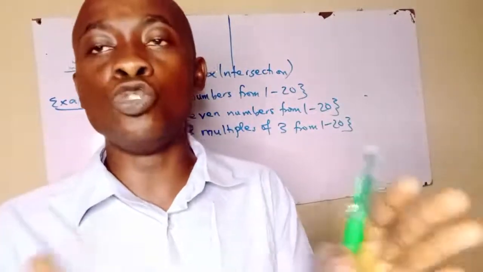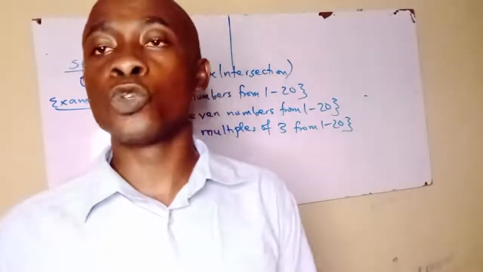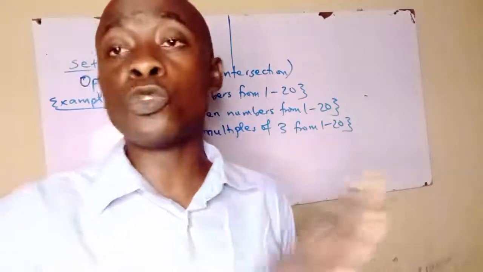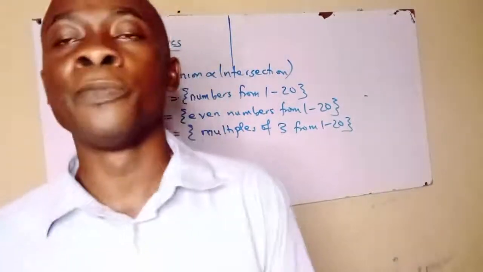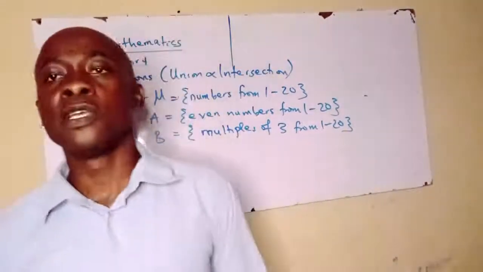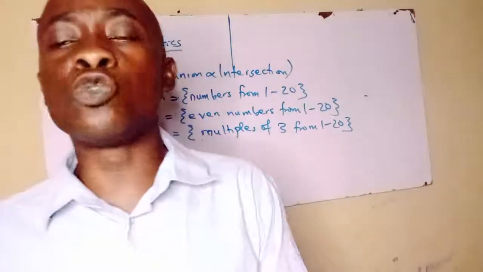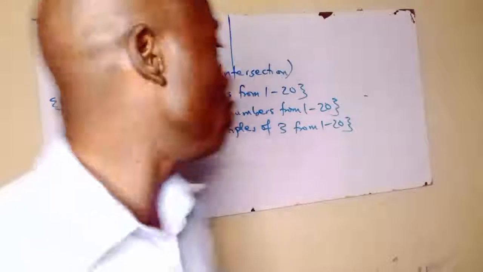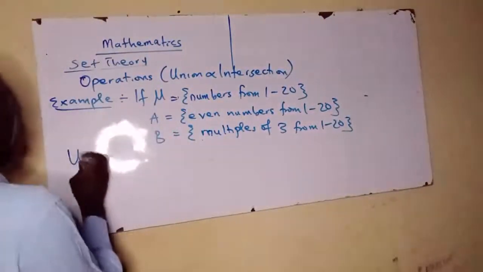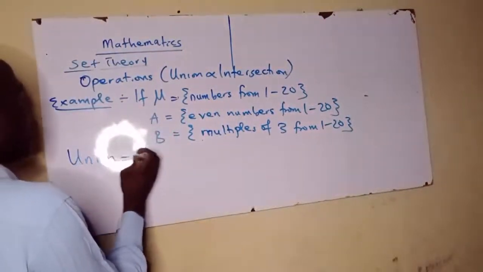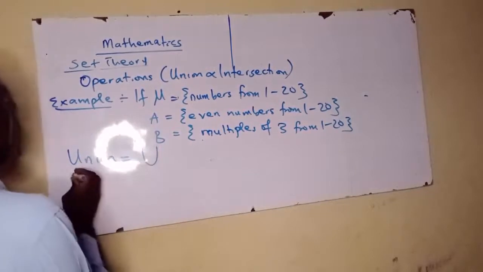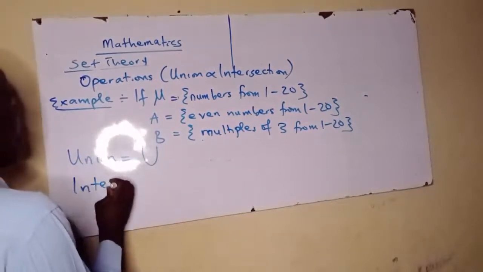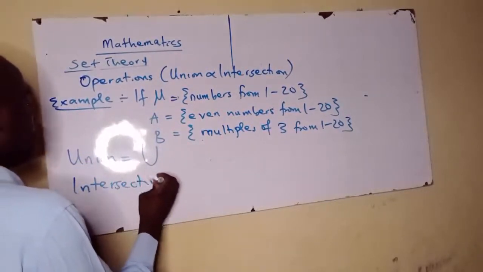When they say union, that is joining together, the combination of what you have in one set with the other. Now when they say intersection, intersection is what the two sets have in common. Union is usually represented by this symbol, whereas intersection is represented with this symbol.